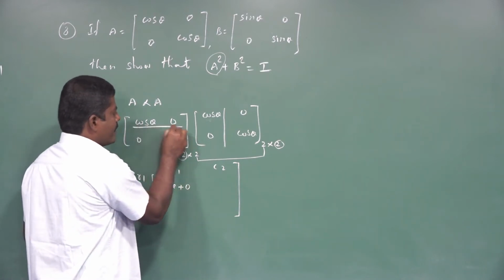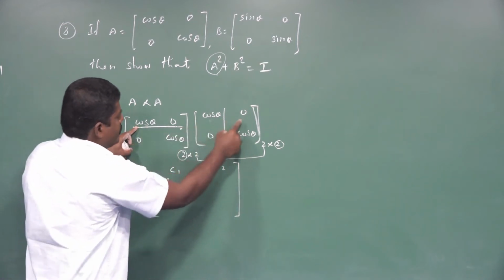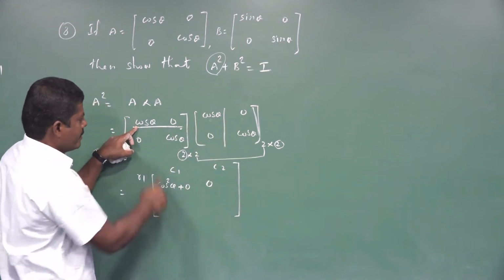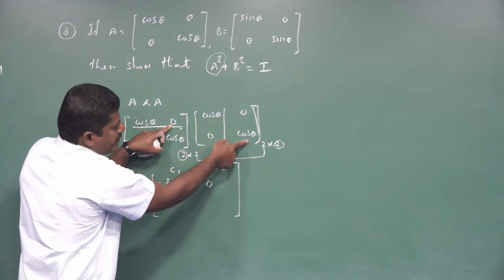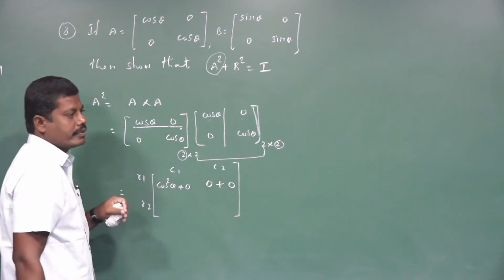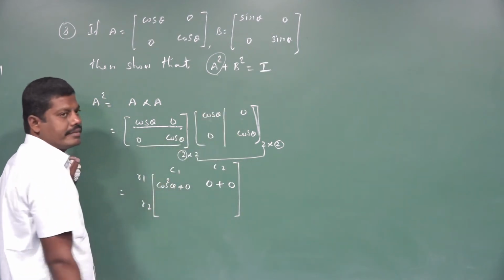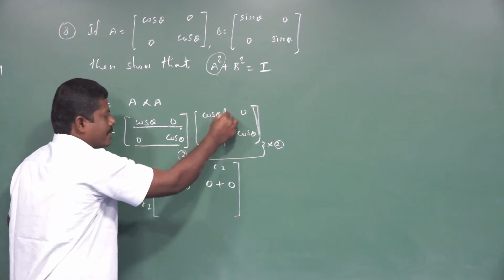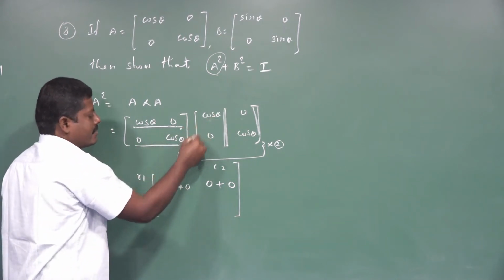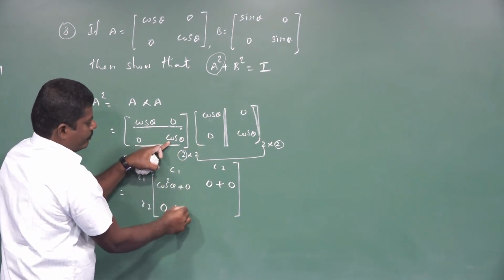Again, same first row, second column. Cos theta into 0, 0. Next, take the second element here and the second element there. 0 into cos theta, 0. So the first row is over. Next you take the second row, first column. 0 multiplied by cos theta, 0. Cos theta multiplied by 0, 0.